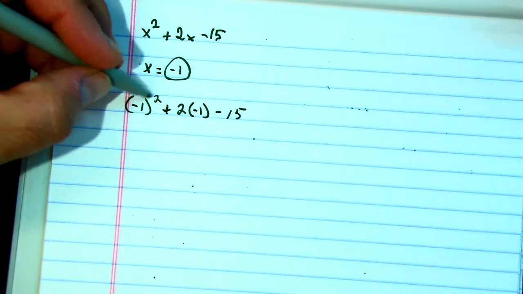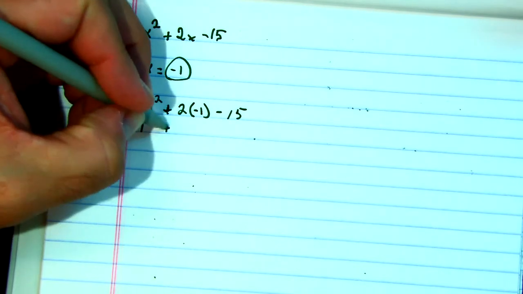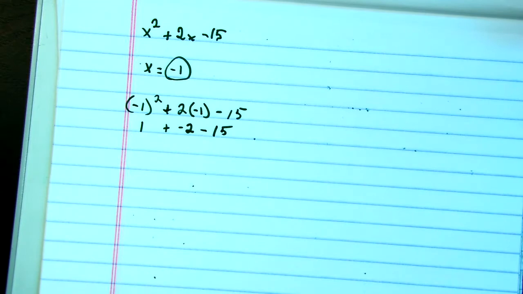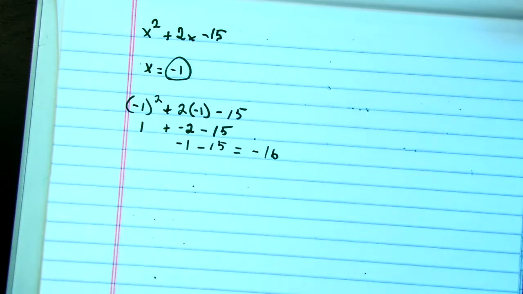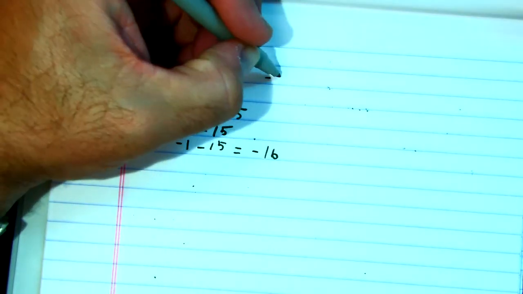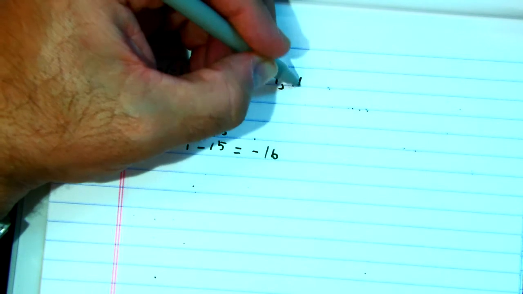So it would be negative 1 squared plus 2 times negative 1, minus 15. So negative 1 squared is 1, plus negative 2, minus 15. 1 plus negative 2 is negative 1, minus 15 is negative 16. So my vertex is negative 1, negative 16.